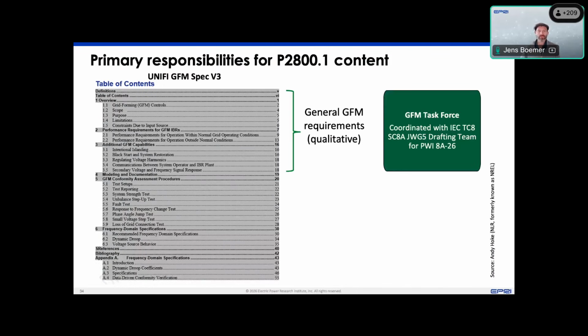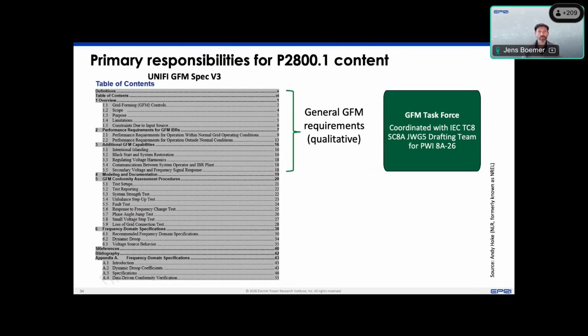This is an overview of where the grid forming content will start from. You will hear more about that from Andy in a moment. But the idea is that we start from a set of specifications that the so-called UNIFI consortium, that was and is supported by the DOE, is specifying and has specified.